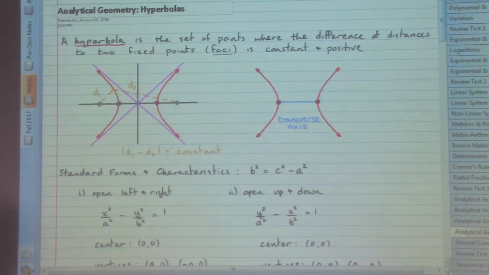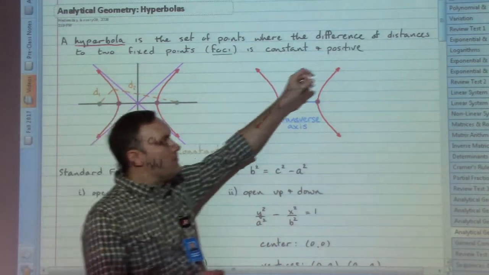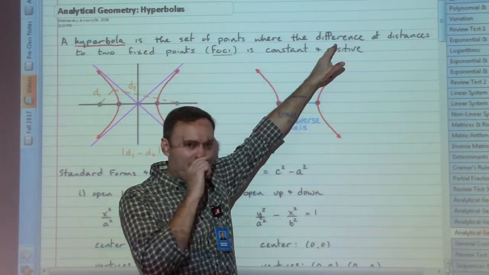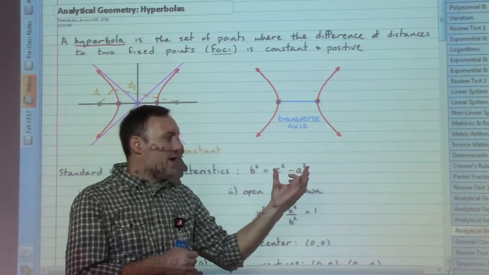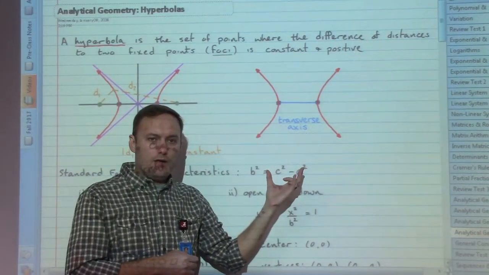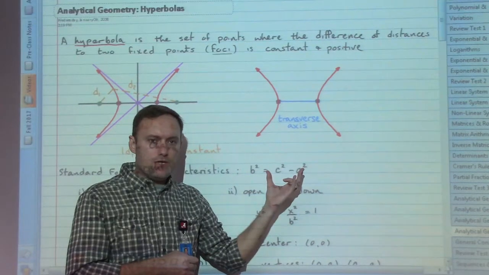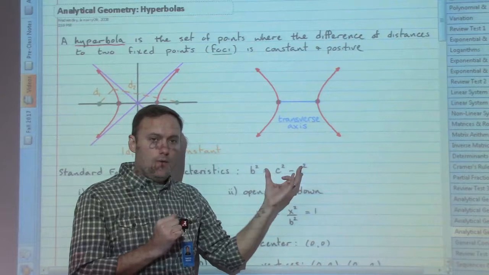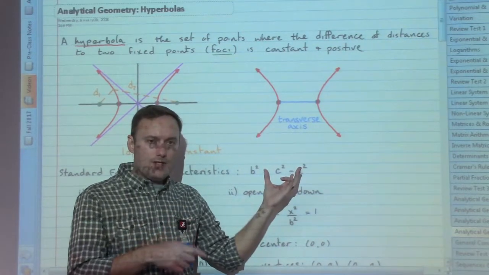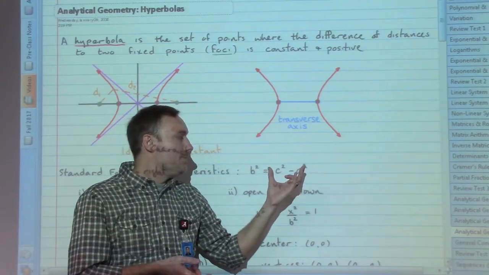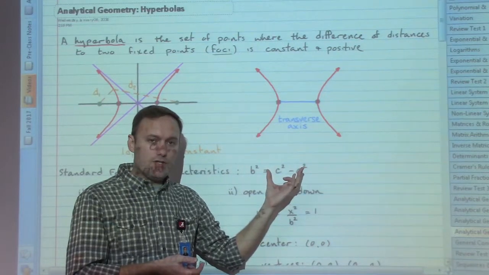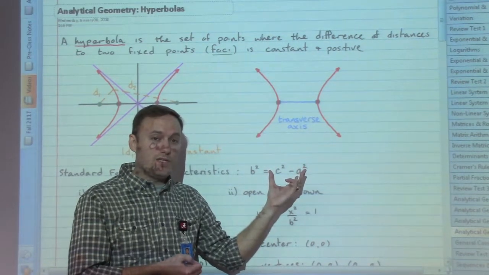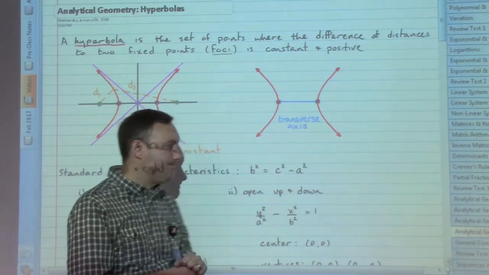Because we changed from the sum of distances to the difference of distances, we have changed the ordering of this relationship. For an ellipse, b squared equals a squared minus c squared. Because a hyperbola has the difference, this relationship changes so that b squared equals c squared minus a squared.